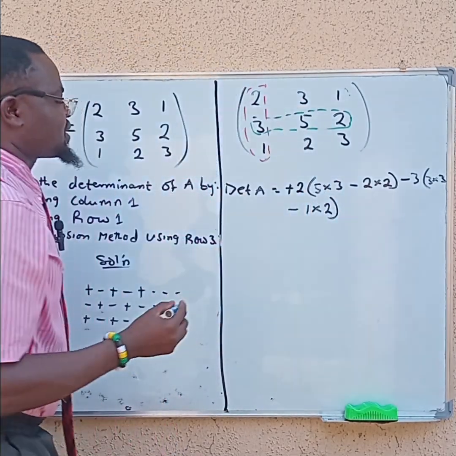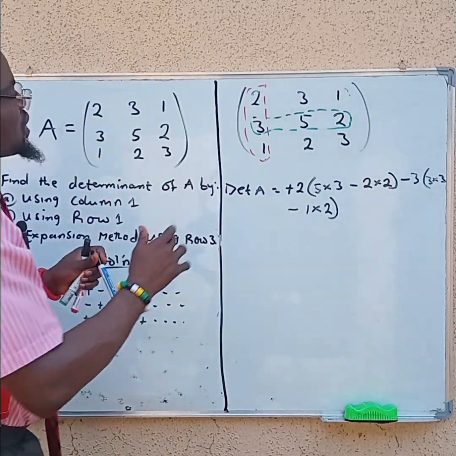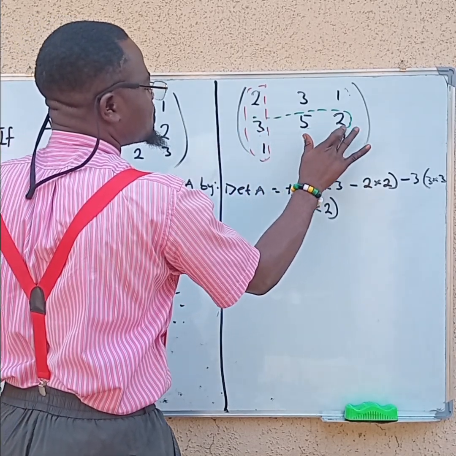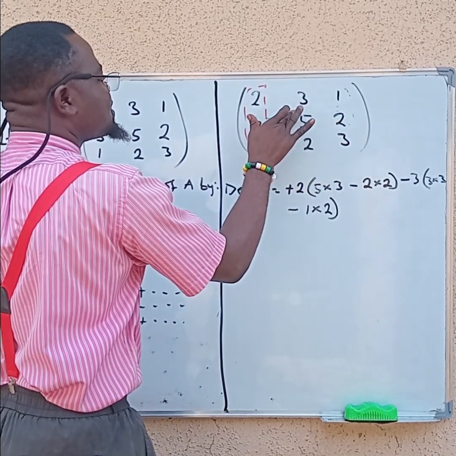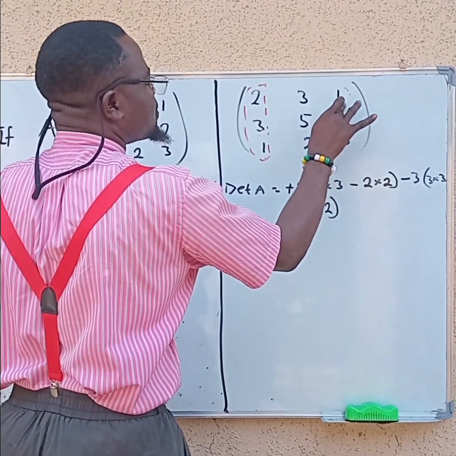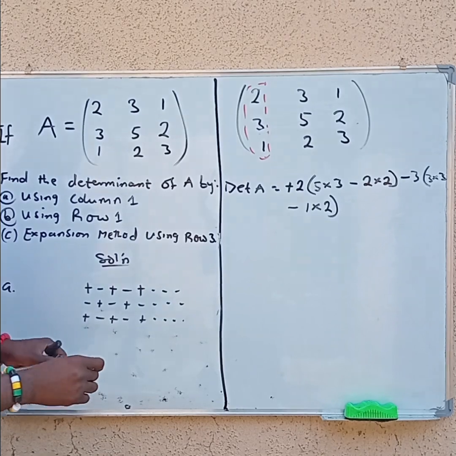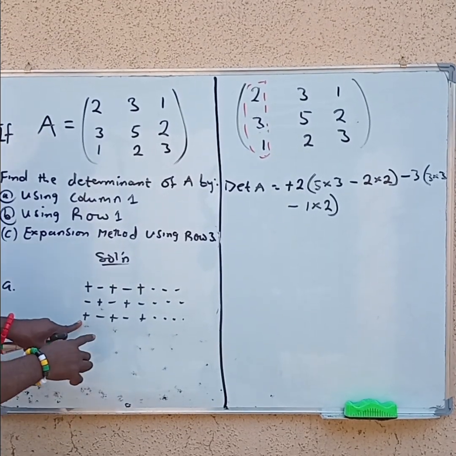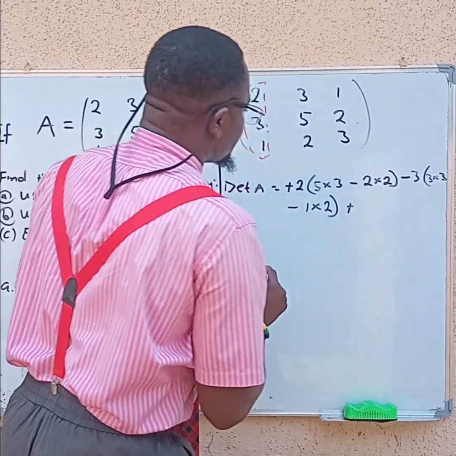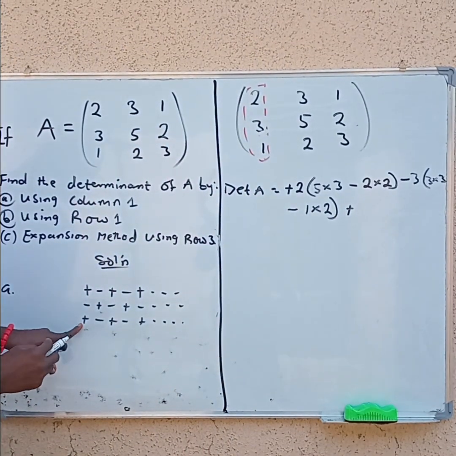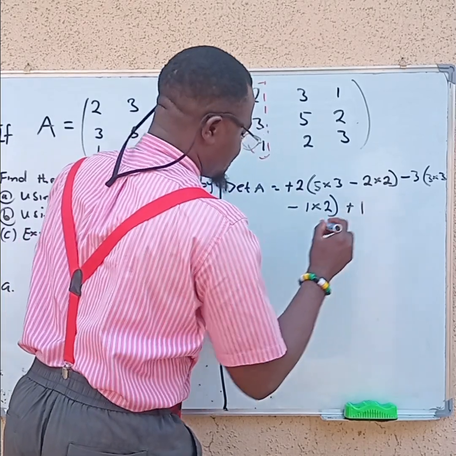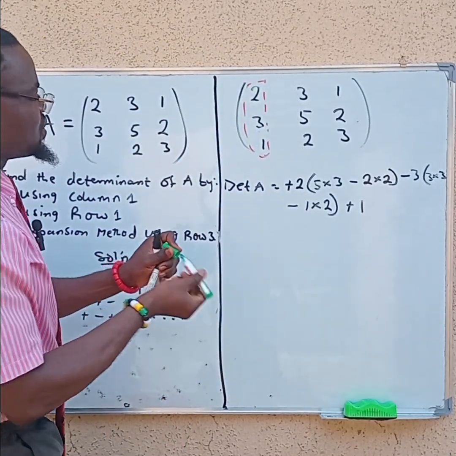You close the bracket. Since we are done with 3, we'll go to the next one, using column 1 to find the determinant. The next sign there is plus. I'll write plus 1.